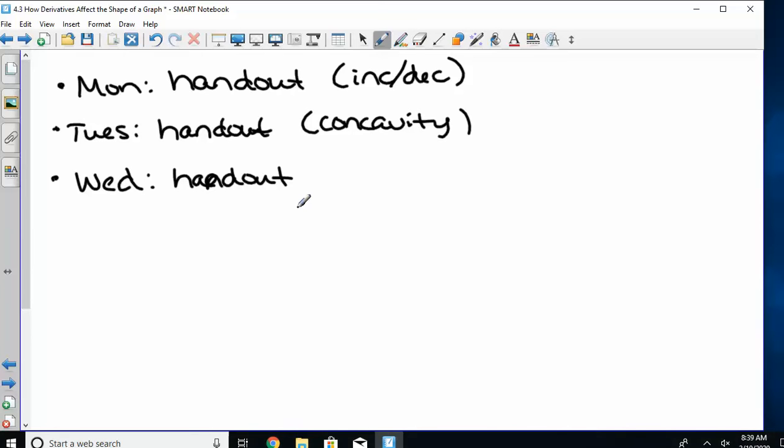Then tomorrow you'll talk about inflection points and concavity. So you'll take all that information and draw me a graph. I expect you to plot points exactly on there, so if you have a minimum at 2, -1, make sure you put your dot at 2, -1. I expect you to list out all the information, so if you turn it into me and you just have a graph and none of the work, you will get none of the credit. Okay, you have to find all of those pieces. So Wednesday will just be a work day for that graph handout and anything else that you have not completed to that point.